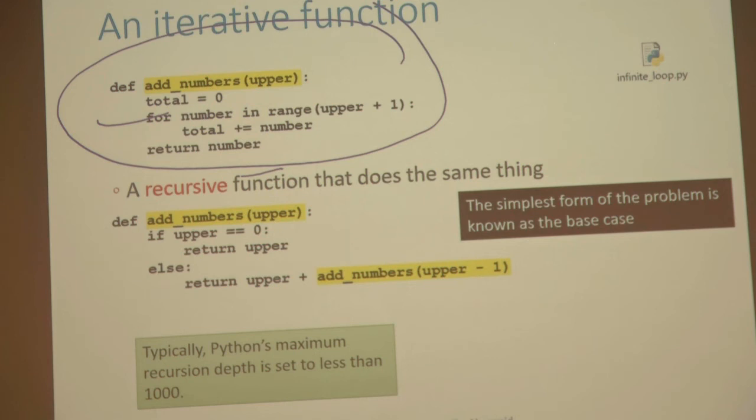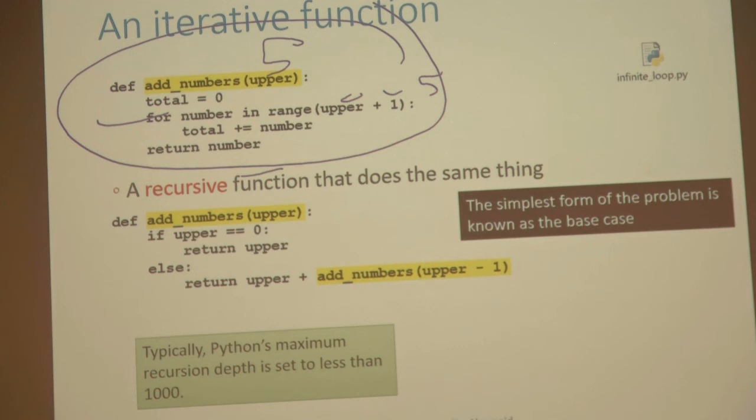Because range starts from where? From 0. So if I need to calculate it for 5, this will range from 0 to 5, right? Every time I iterate, I add the number to the total until the end, right? So I will add 5, then 5 plus 4 plus 3 plus 2 until the end.